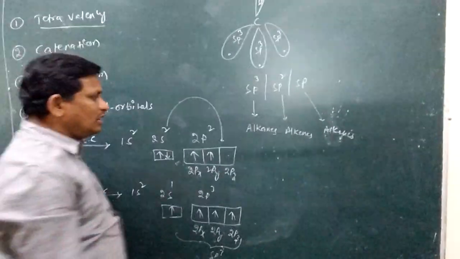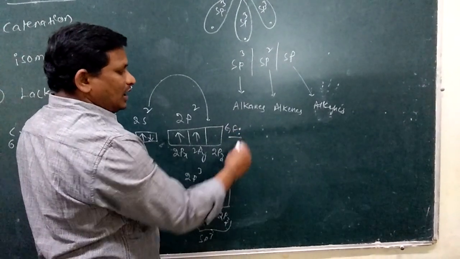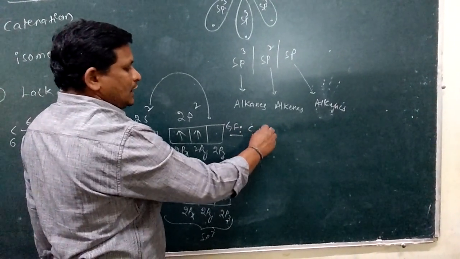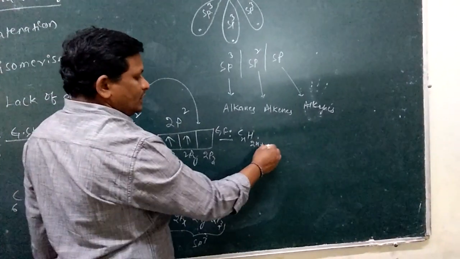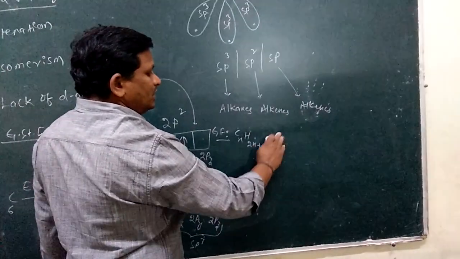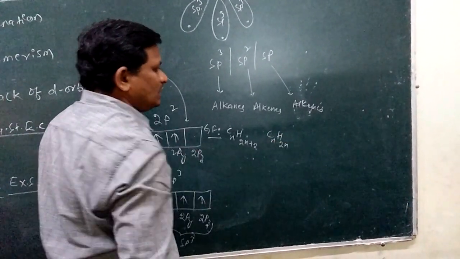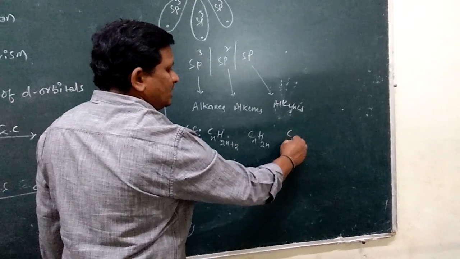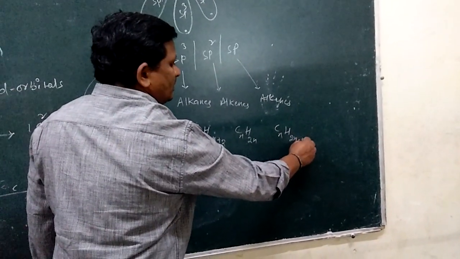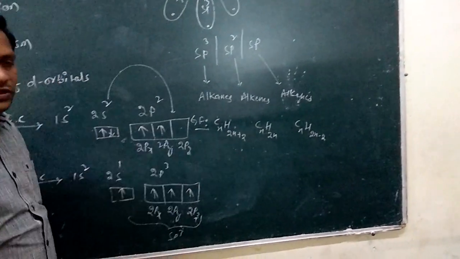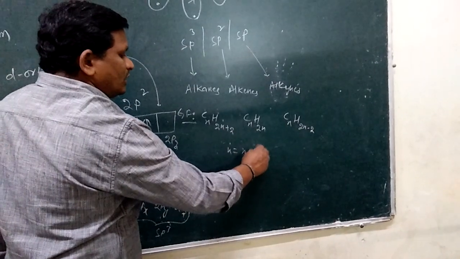The general formula of alkanes is CnH2n plus 2, alkenes is CnH2n, and alkynes is CnH2n minus 2, wherein n equals the number of carbons.